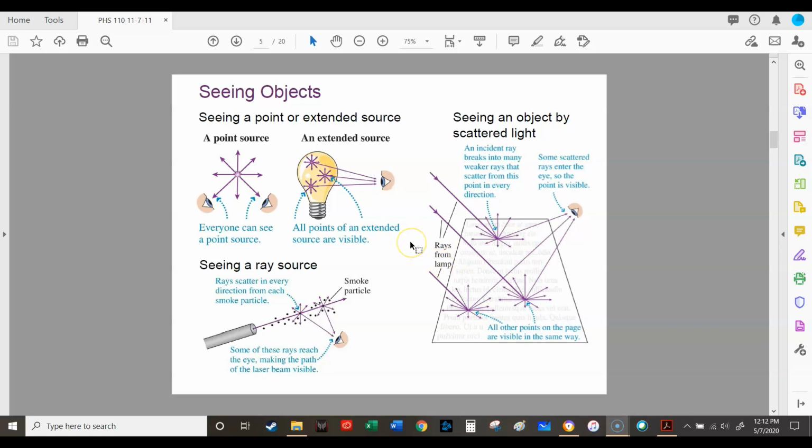So transparent is like glass, water, air, vacuum. Opaque is an actual object, like a piece of paper or a cactus, where it doesn't let light pass through it. Okay, so those are the two different types of objects that we're really talking about when we're talking about the scattering of light versus the reflection or refraction of light.